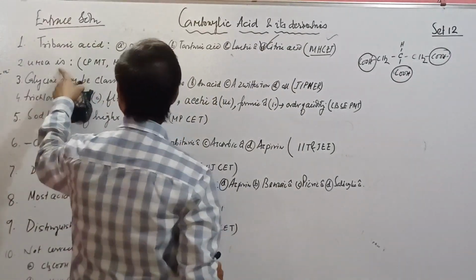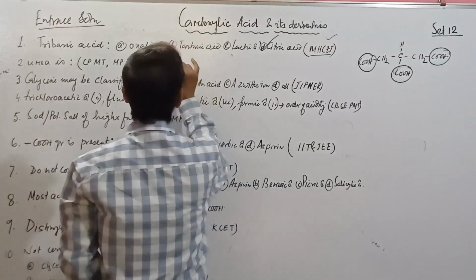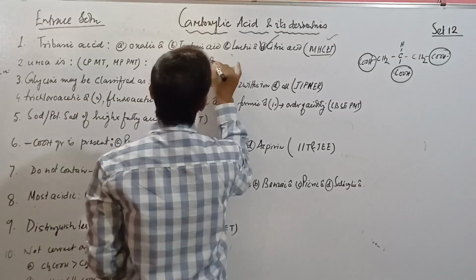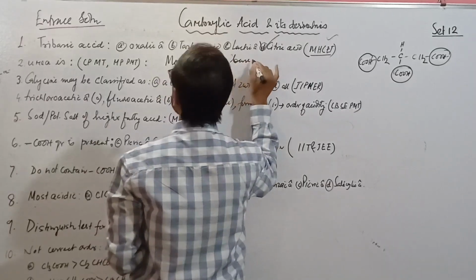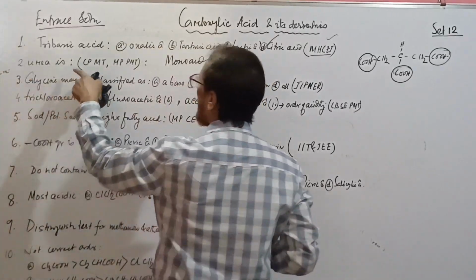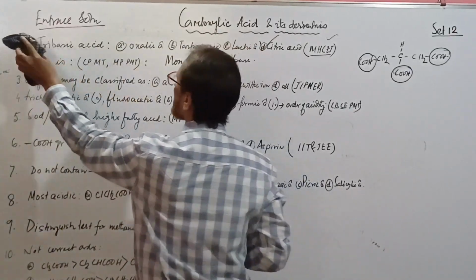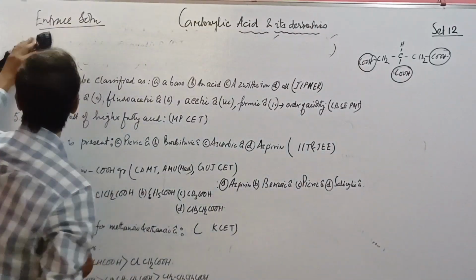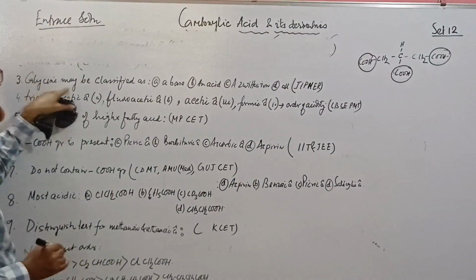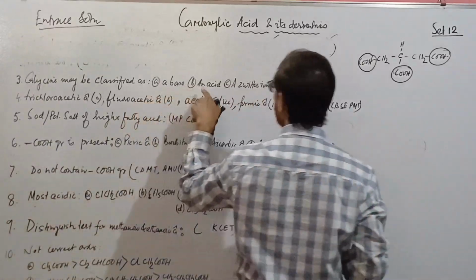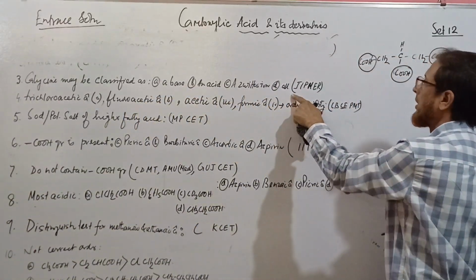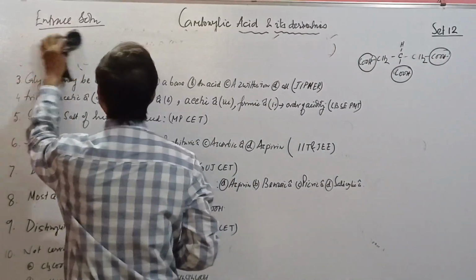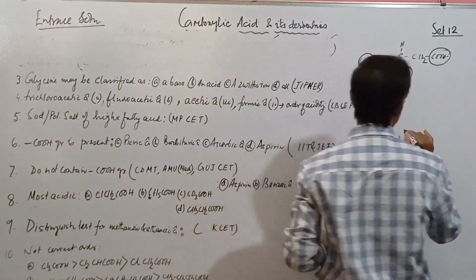Next one, urea is, as I told you a bit earlier, a monoacidic base. It was asked in CPMT, MP PMT. Now the third question is: glycine may be classified as a base, an acid, as a zwitterion, or all. Asked in JIPMER. I have already told you the structure of glycine.